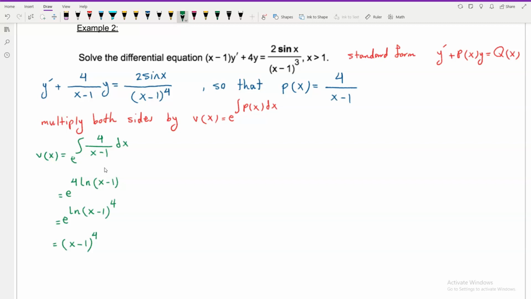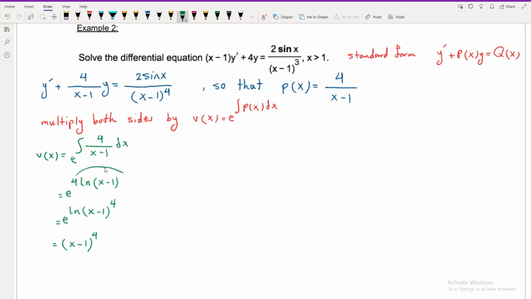So v(x) is equal to e to the integral of 4 over x minus 1 dx. Integrating, we get e to the 4 times natural log of x minus 1, which equals e to the natural log of x minus 1 to the 4th power.